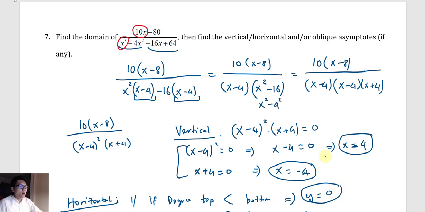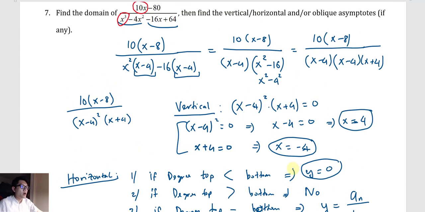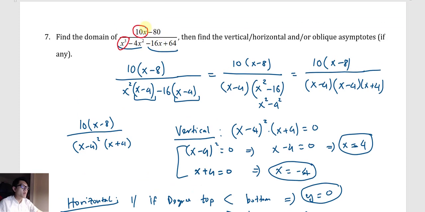Now, if we don't have horizontal asymptotes, then we might have the oblique asymptotes. And the oblique asymptote is when the degree on the top is one more higher than the degree of the bottom, comparing the two leading terms.